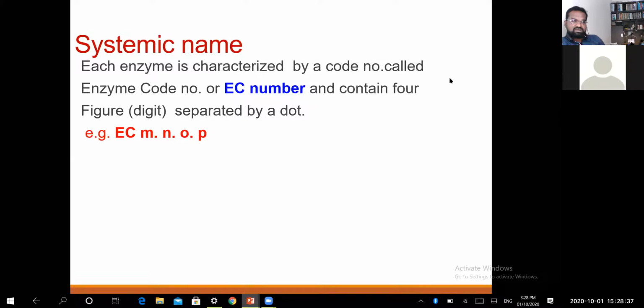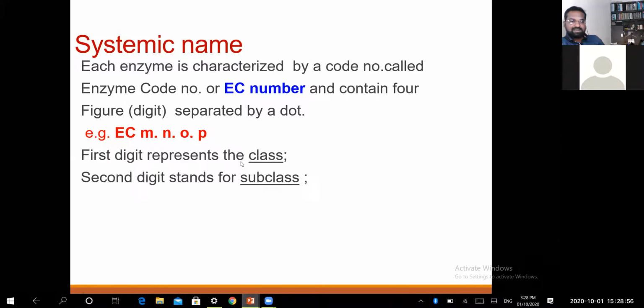What are those digits? Let us take an example. EC, enzyme commission number, M.N.O.P. Okay, so what does this denote? The first digit denotes the class of the enzyme molecule, to which class that molecule belongs. The second digit stands for the subclass of the enzyme molecule.